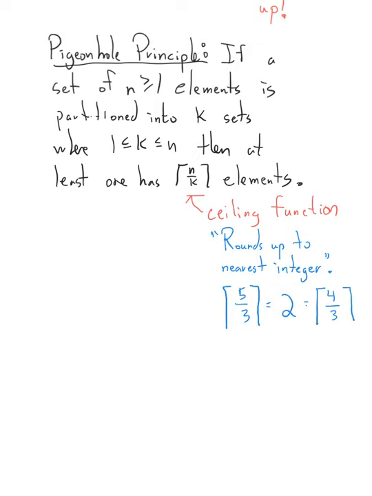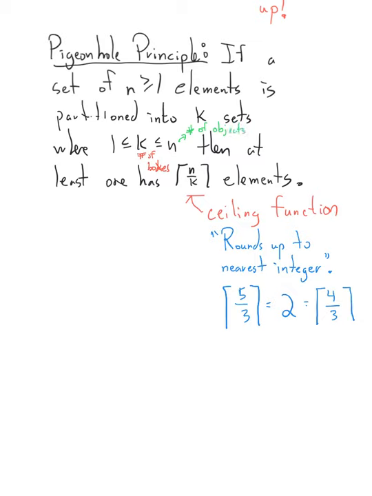Okay. So that's what the pigeonhole principle says. Basically, you can think of k as the number of boxes, and n as the number of objects.